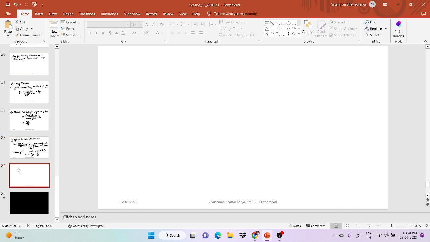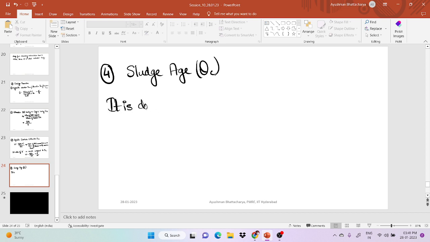Okay. So now the fourth thing is sludge age. It is defined as the average time for which the biomass remains in the system.